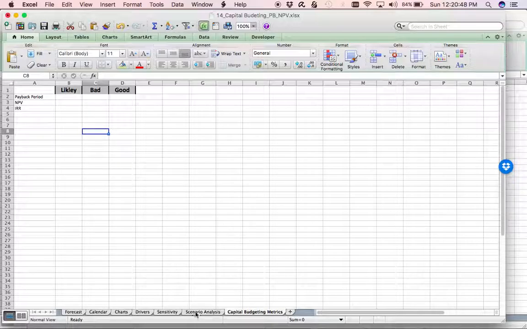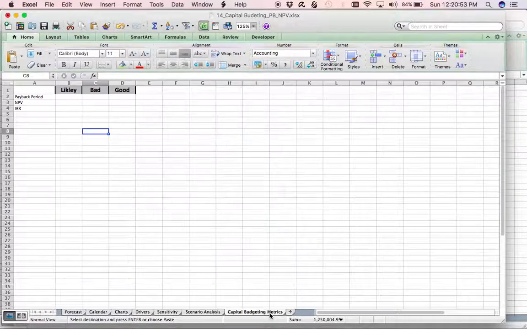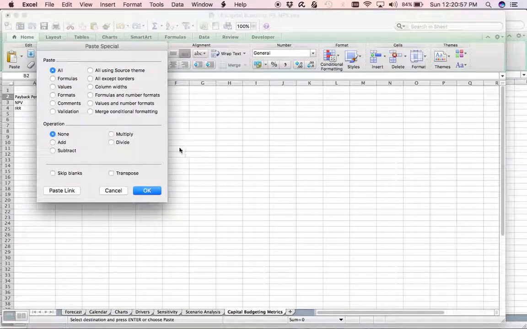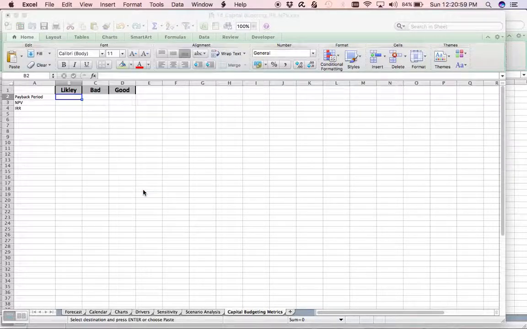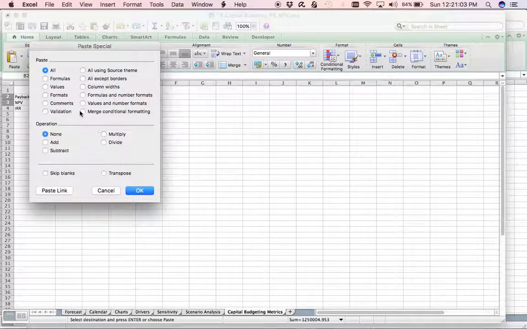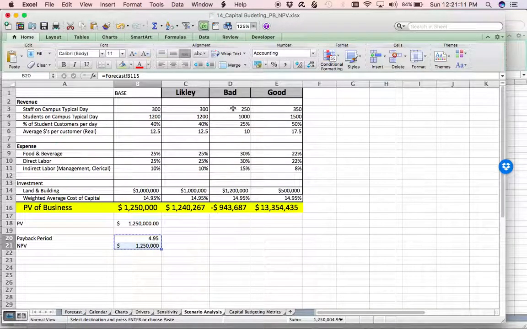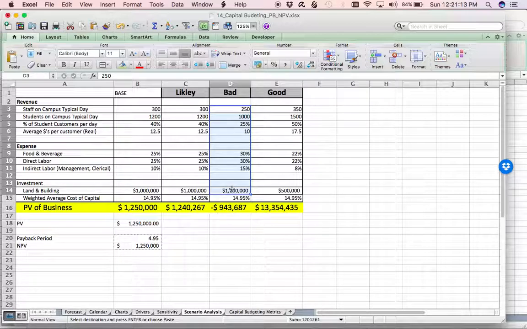All right, but we've already calculated for our likely value, so we'll just grab those and paste special values. Then I'm just going to go ahead and paste special formats so that it looks the same as it did before, and we're all good. So now all we got to do is basically go try out our different scenarios here. So we'll put the bad one in.